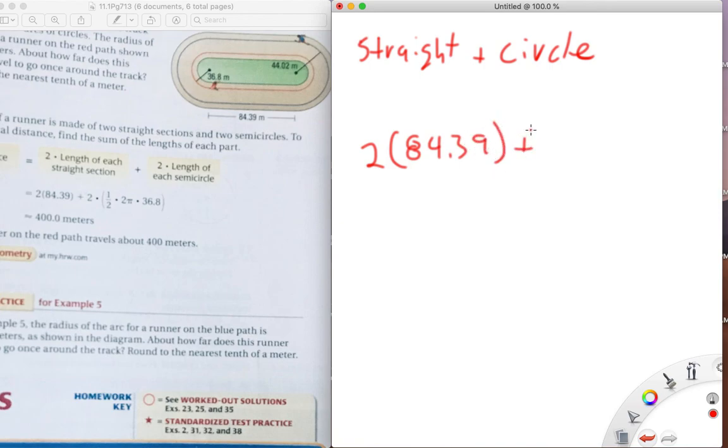Now the book says 2 times the semicircle, which is 2 times 1/2 of 2 pi r. Why write 2 times 1/2? We know that it's one whole circle if we add them together. So I will just write it as 2 pi r. So 2 pi, in this case our radius is 44.02.